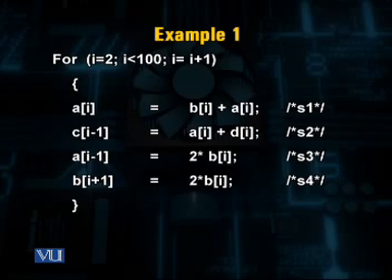Here you can note that there is an anti-dependence existing from S1 on A, and there is a true dependence from S2 to S1. Here the value of A in S2 is dependent on the result of A in S1. That is, the second statement is depending on the first statement.